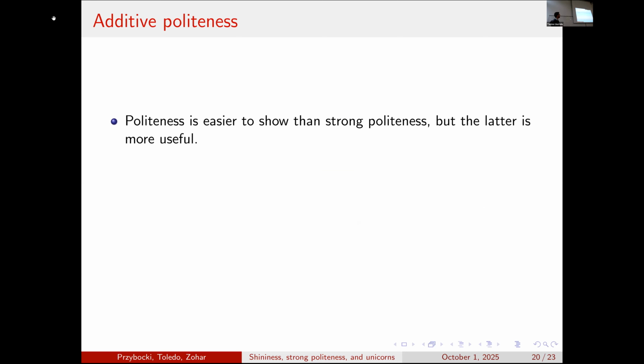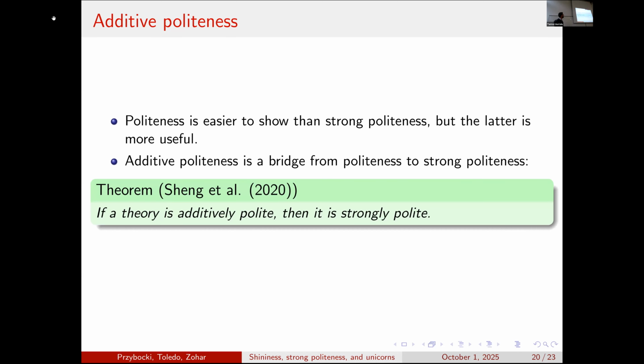Okay, so let me briefly mention additive politeness. As we just saw, additive politeness is a useful tool for deducing strong politeness from weak politeness, because strong politeness is what we really care about in practice if we want to do theory combination, but weak politeness is often easier to show. And additivity, this idempotence condition, is a useful way to show that.